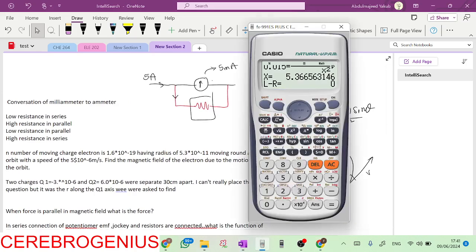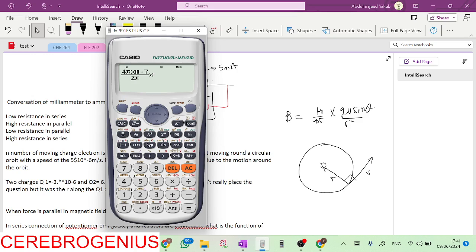So if I want to do this, I will just say mu naught over 4 pi. So mu naught is 4 pi times 10 to the power minus 7 divided by 2 pi, multiplied by another fraction. Q is the charge, 1.6 times 10 to the power minus 19, multiplied by the speed, which is 5 times 10 to the power minus 6.